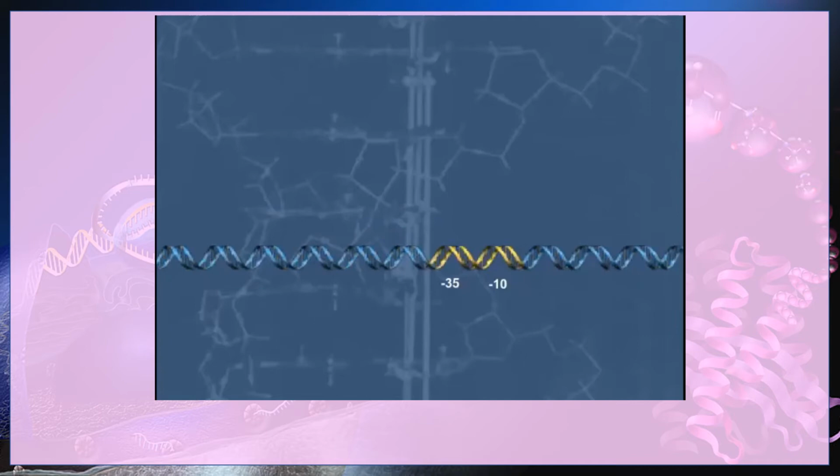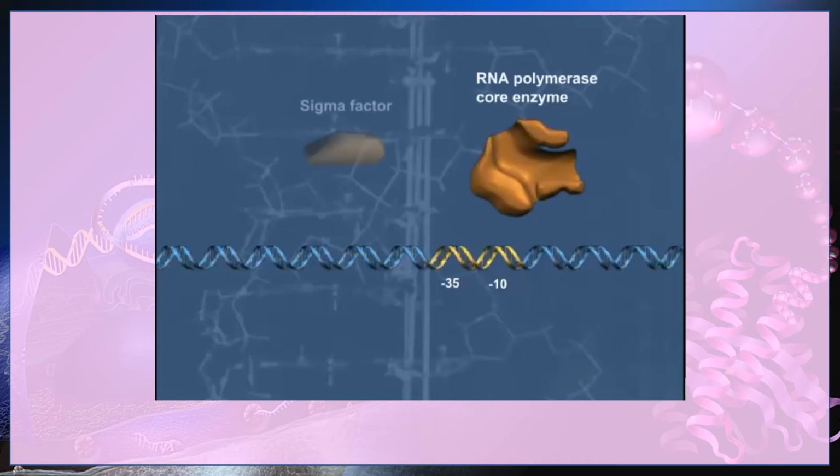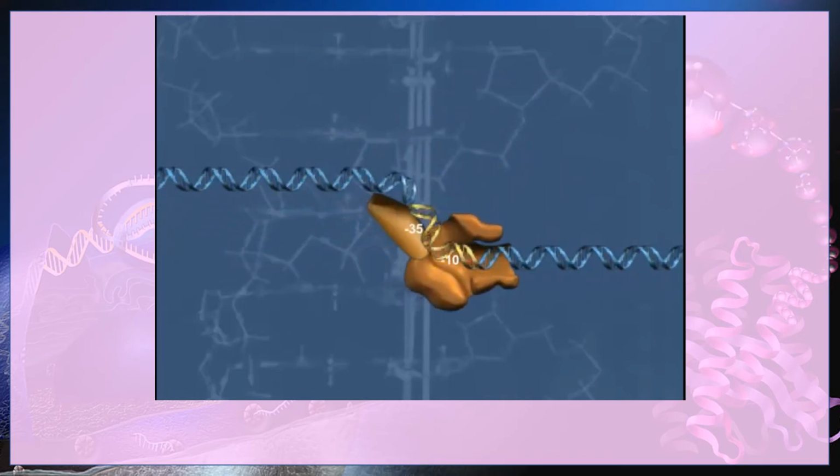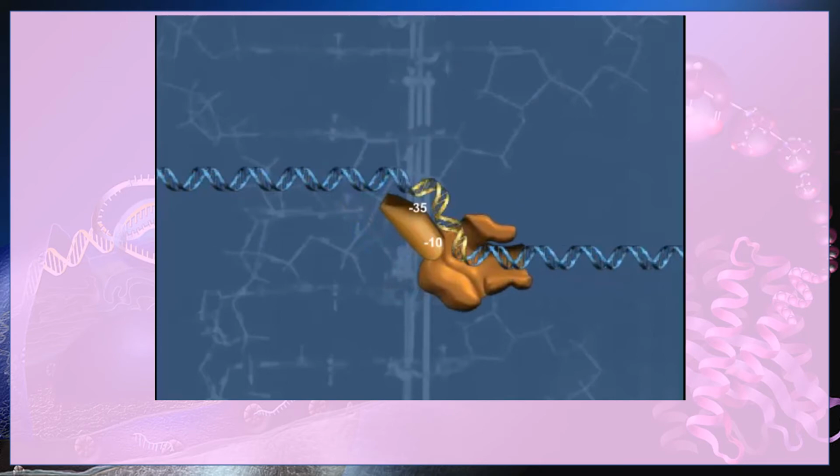initiating transcription. In order to initiate transcription in bacteria, core RNA polymerase and sigma factor form a holoenzyme. Sigma factor recognizes the sequence of DNA at the promoter region. This holoenzyme then binds to the promoter region of the DNA molecule, forming the closed complex between RNA polymerase and the DNA molecule.